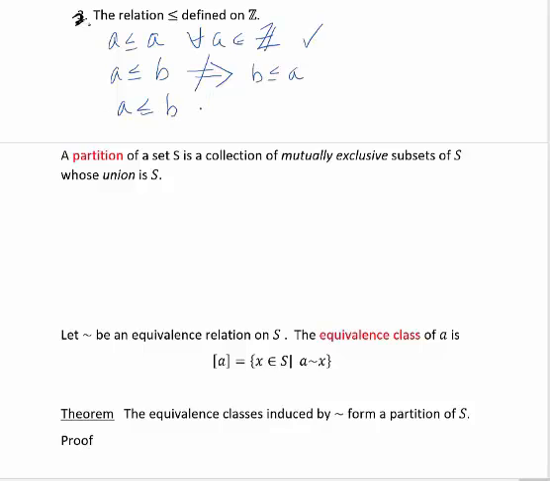If A is less than or equal to B, and B is less than or equal to C, then A is less than or equal to C. So we have the transitive property, but this is not an equivalence relation. And as such, it will not divide Z into equivalence classes that are pairwise disjoint, and the union of which is all of Z.